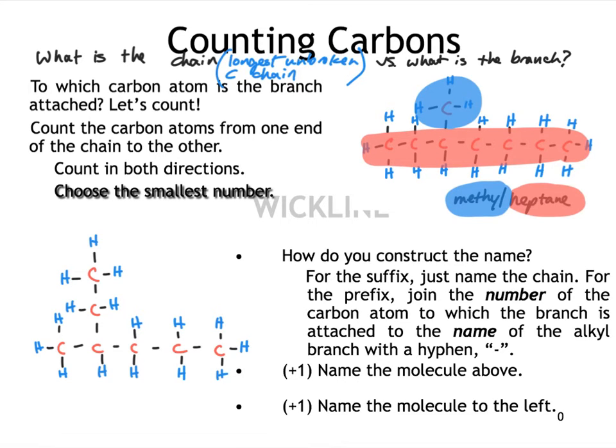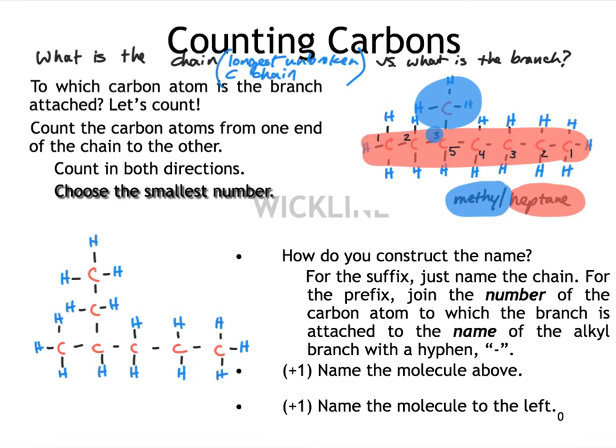From the left, we have 1, 2, 3. If we came from the right, it would be 1, 2, 3, 4, 5. So what we're really determining is, are we going to choose a 3 or a 5 to represent what carbon this branch is actually on? And what you should always, always, always do is you should always choose the lowest number.